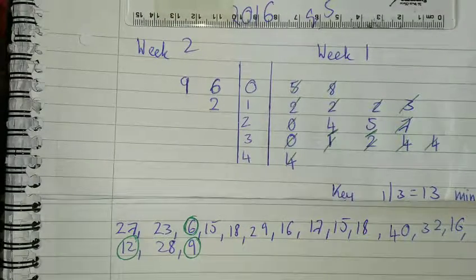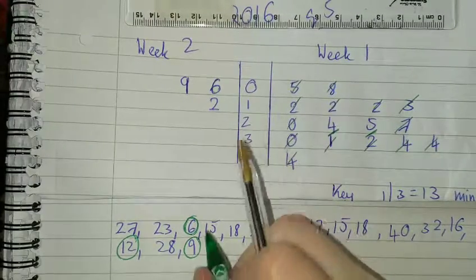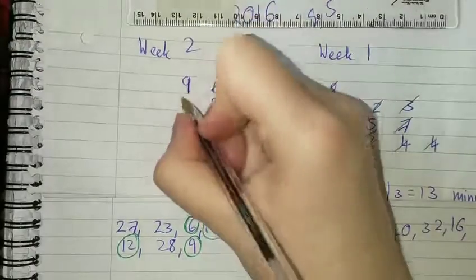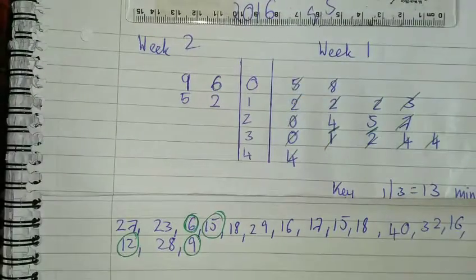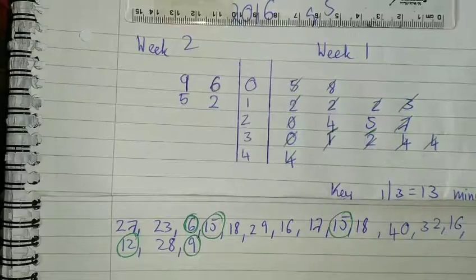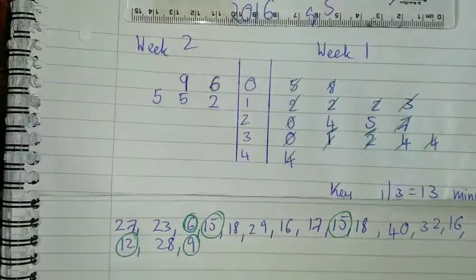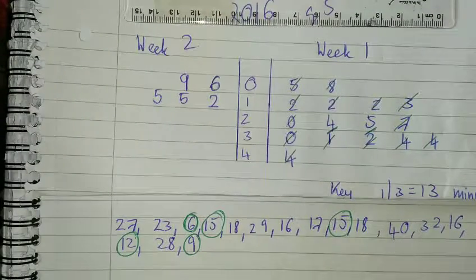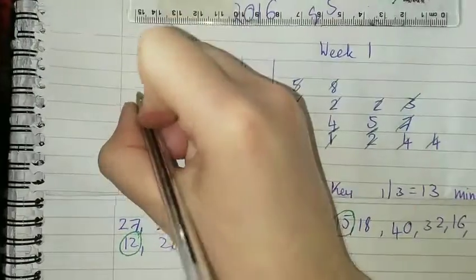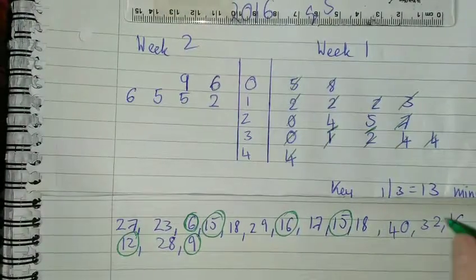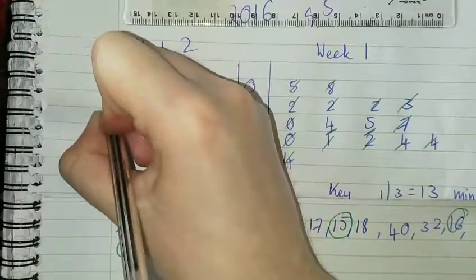And then the next value appears to be 15. So 1, 5 for 15. And then we have another 15, so another 1, 5. And then we have 16, so 1, 6. And then we have another 16.